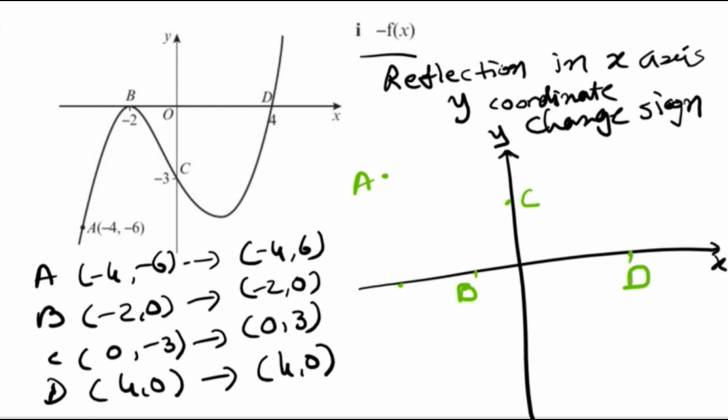So your graph will look like this. As you can see, this is the reflection in the x-axis. Remember, when the y coordinate changes sign, it is a reflection in the x-axis.